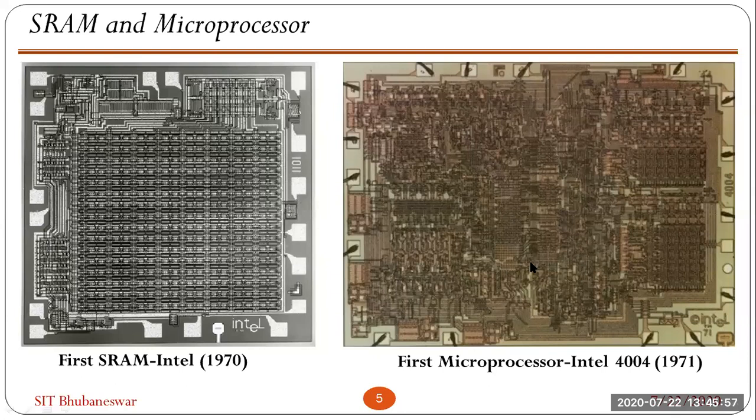And the first microprocessor, Intel 4004, was invented in 1971. You can see the original microprocessor, and you can see the Intel logo here.